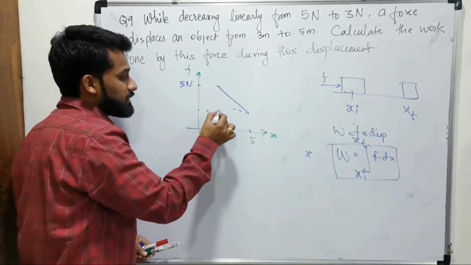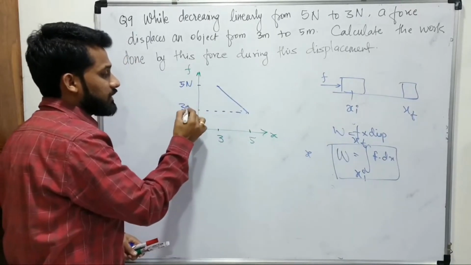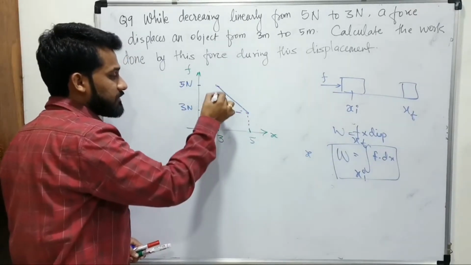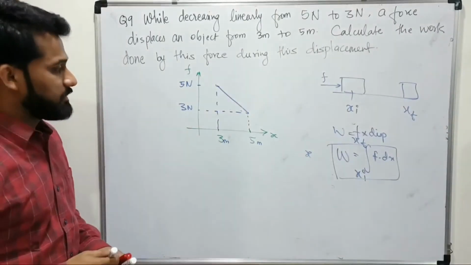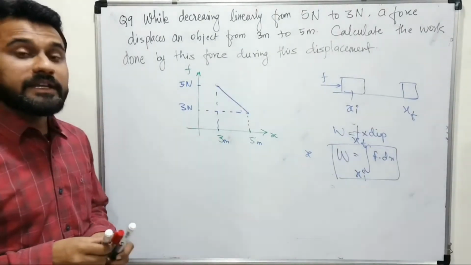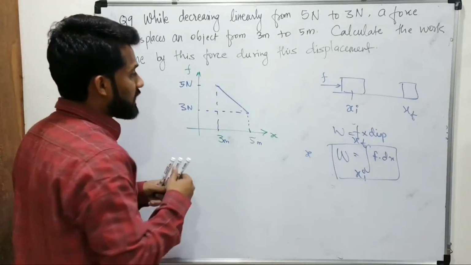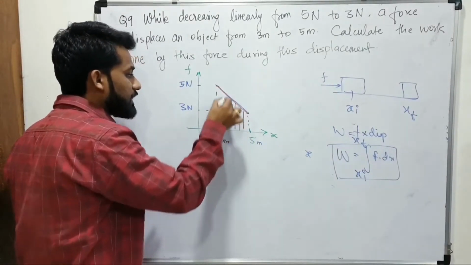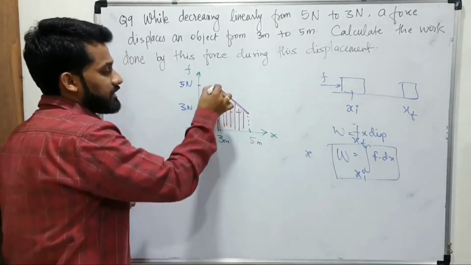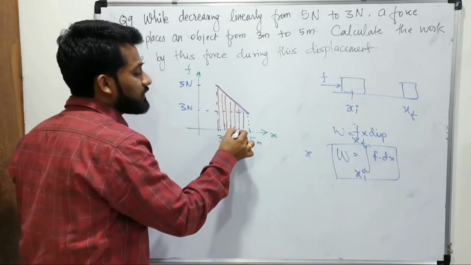It becomes 3 Newton when displacement is 5 meter. So in this case, how much work is done? Basically, work done will be the area under the curve. If you calculate the area under this line, what is the area? This vertical part will be the area. And the area under the curve will give you nothing but work.